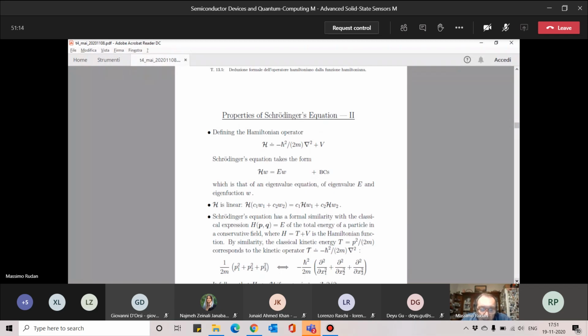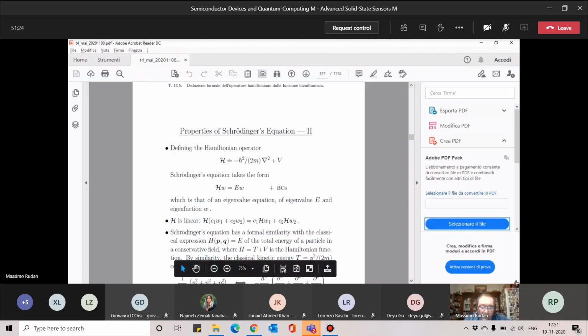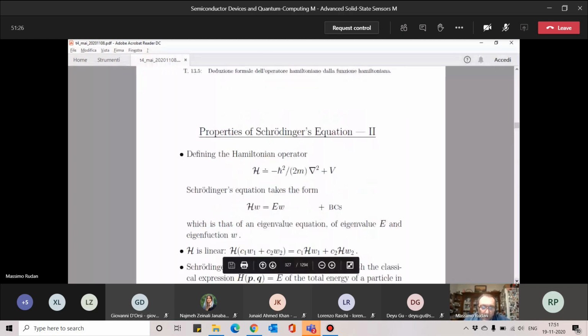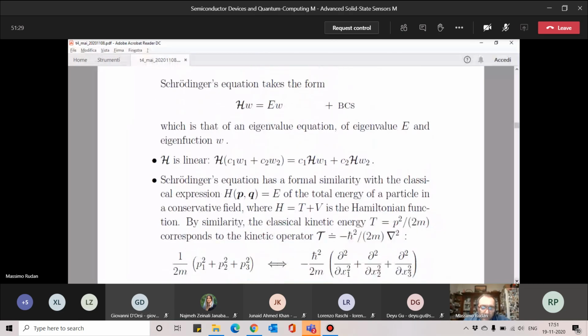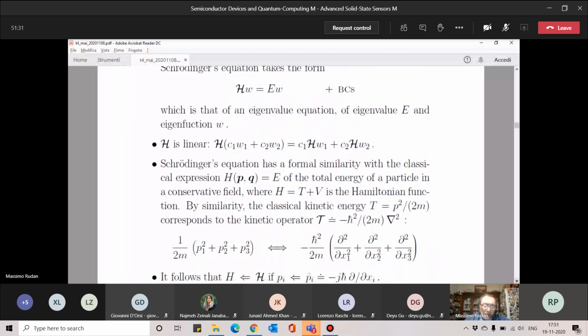So linearity means that if we apply H, as you may see in the second dot of this page, to a linear combination of two functions, C1 W1 plus C2 W2, what you obtain is the linear combination of C1 times the Hamiltonian onto W1 plus C2, the Hamiltonian onto W2, okay?